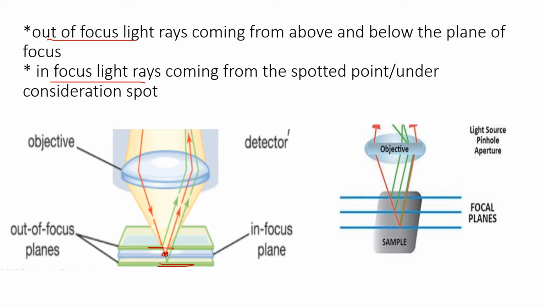See here, this is the sample and these are your focal planes. Okay, on the basis of thickness we have divided focal planes. So if I say my focus is just this point, but what is happening, light rays are also coming from this focal plane, this focal plane. So what we mean is, we just want these light rays to be considered and we want these light rays to be eliminated.